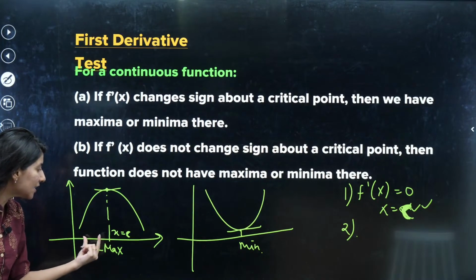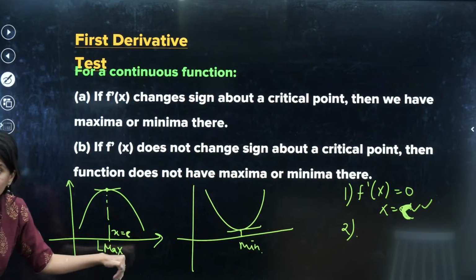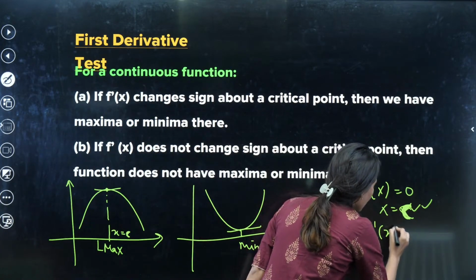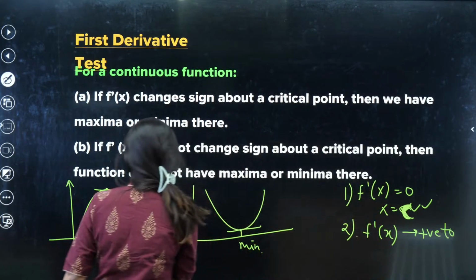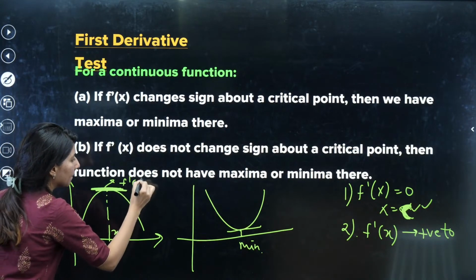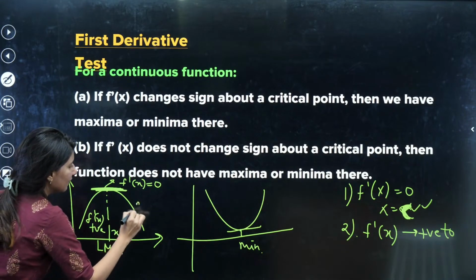So before x equals c, my function is increasing and then it is decreasing. That means my f dash x previously was positive and then it became 0. Can you see? Over here my f dash x becomes 0. This is f dash x positive. This is f dash x negative.